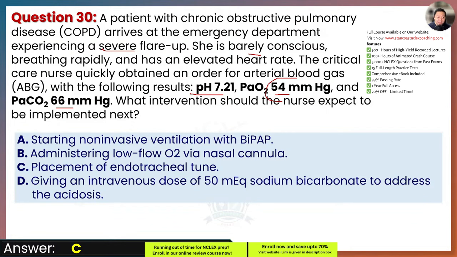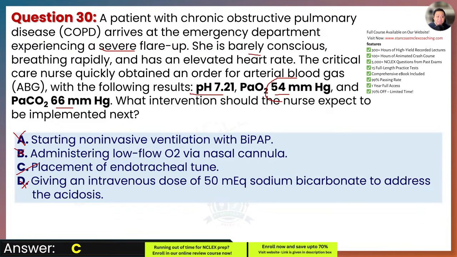Now, what about letter A? This is incorrect. Starting non-invasive ventilation with BiPAP. Well, remember about the BiPAP that we talked about earlier. This can be helpful in some patients with respiratory failure, especially those who are alert enough to manage their own airway and secretions.